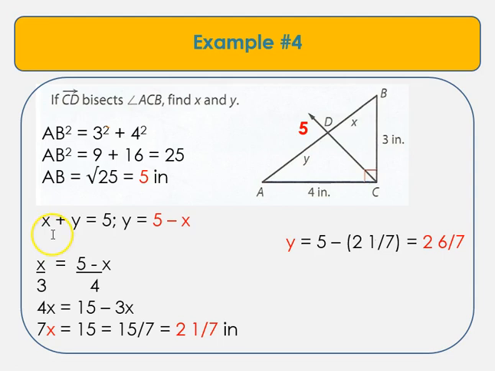Now we can go ahead and begin solving for variables. Let's begin with setting an equation to y. And we have x plus y equals 5, because we now have the value of 5. And if we turn this equation around to equal y, it will be y equals 5 minus x.